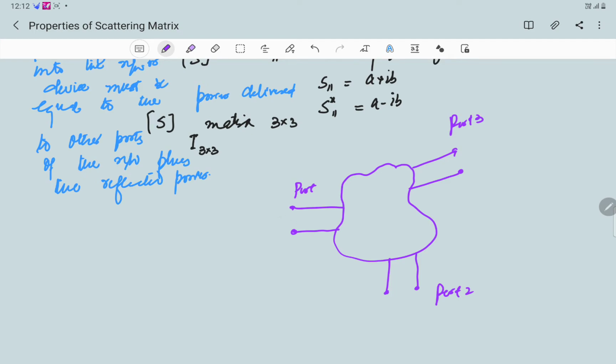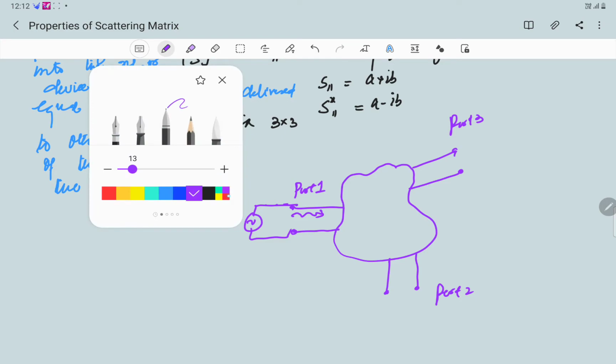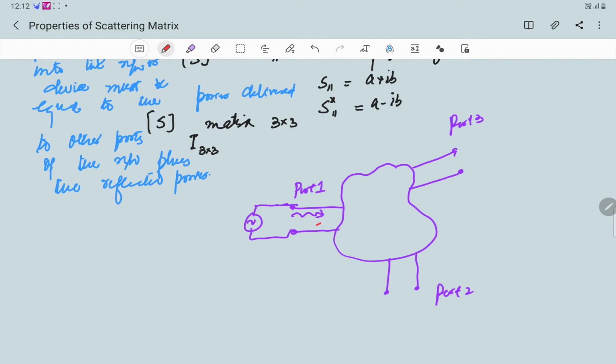Now I connect a source here at port 1, and let P1 be the input power. This is the input wave, and then, as you know, we must have a reflected wave if it's not matched. If this port is matched, then in this case there will be no reflected wave. This P would be 0.